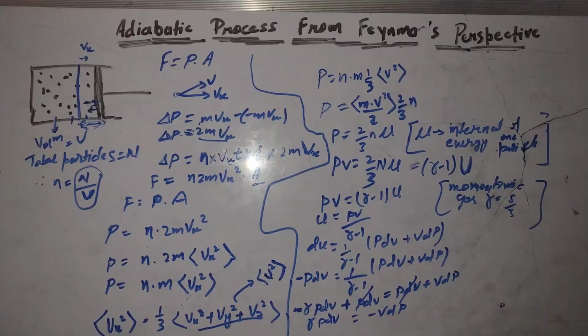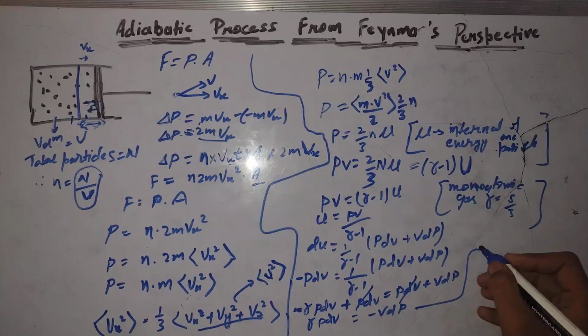So what I'm going to do is take this V here, and send this P here, so as to form a familiar differential equation.